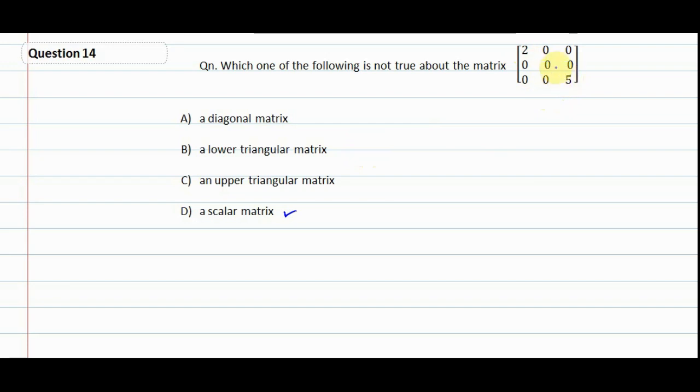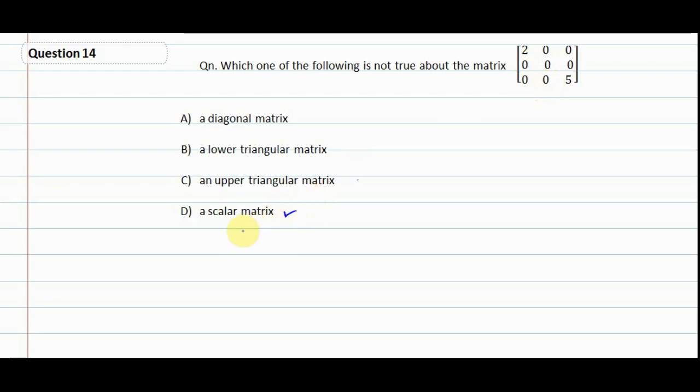So that is true in this case. Now option C says an upper triangular matrix. That too is correct because for an upper triangular matrix, all elements below the main diagonal are zeros. Here this is the main diagonal, and the elements below it are these three. Those elements are all equal to 0. So statement C is also true.